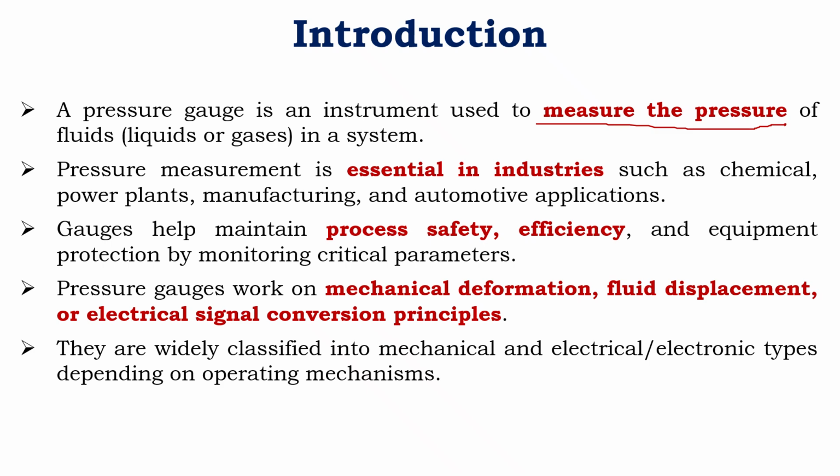Okay. So where is the pressure gauge usually applied? It is usually applied in industries such as chemical, power plants, manufacturing, and automotive applications. Apart from the IT sector, the pressure gauge is essential for all the other industries.